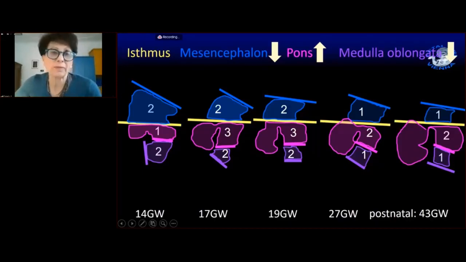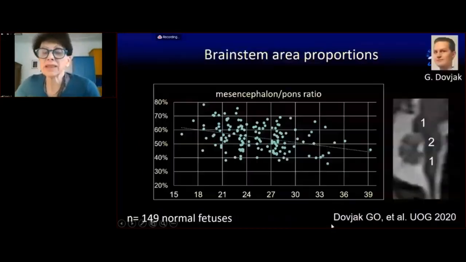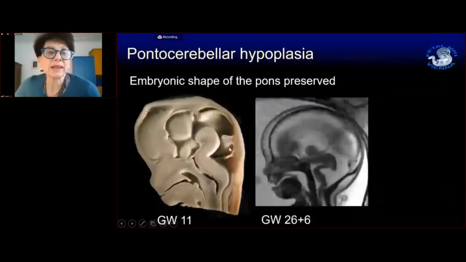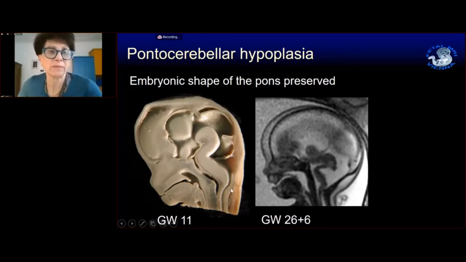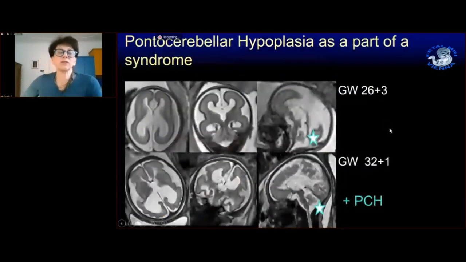And here is an example of a preserved embryonic shape. You don't need measurements here. You see not only the proportions are pathological, but clearly the shape, because this is an embryonic shape. Sometimes pontocerebellar hypoplasia is part of a syndrome, and this fetus was sent for corpus callosum agenesis.